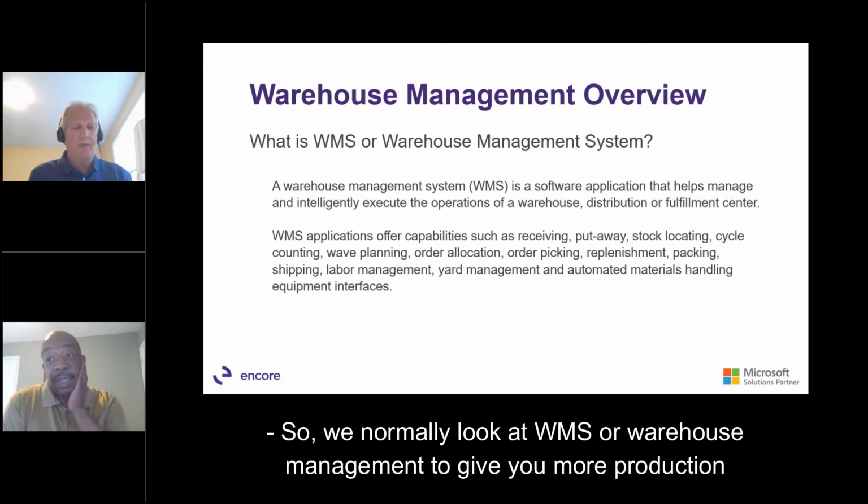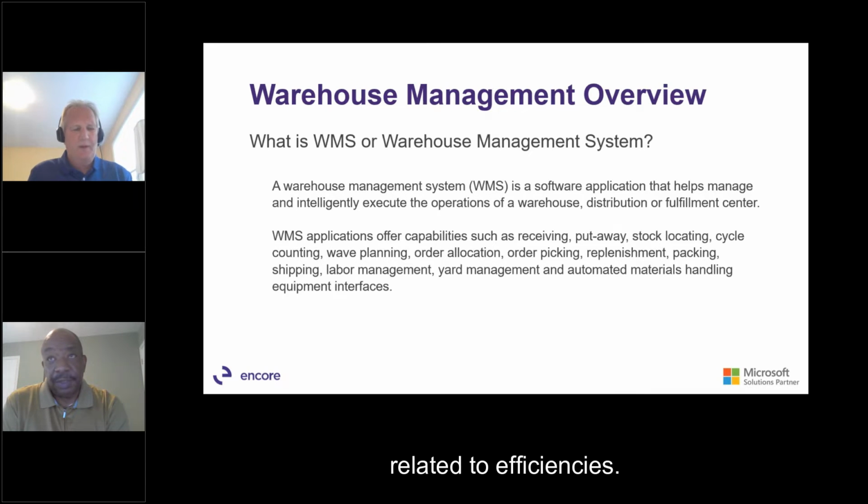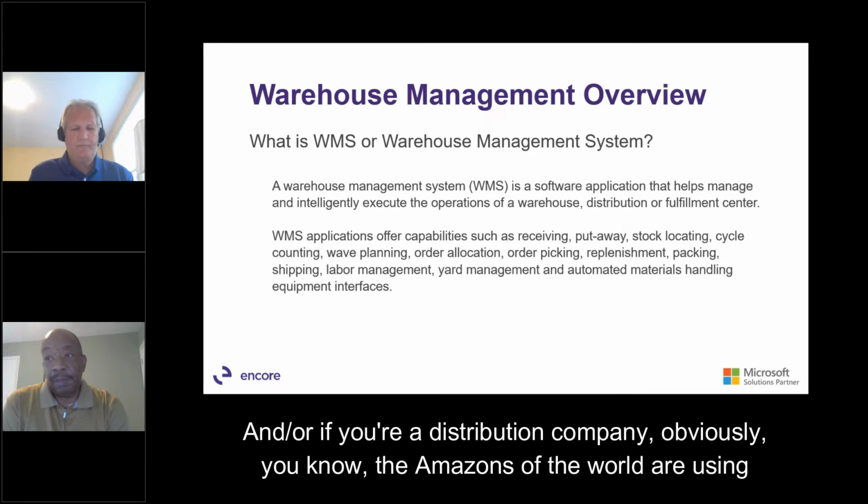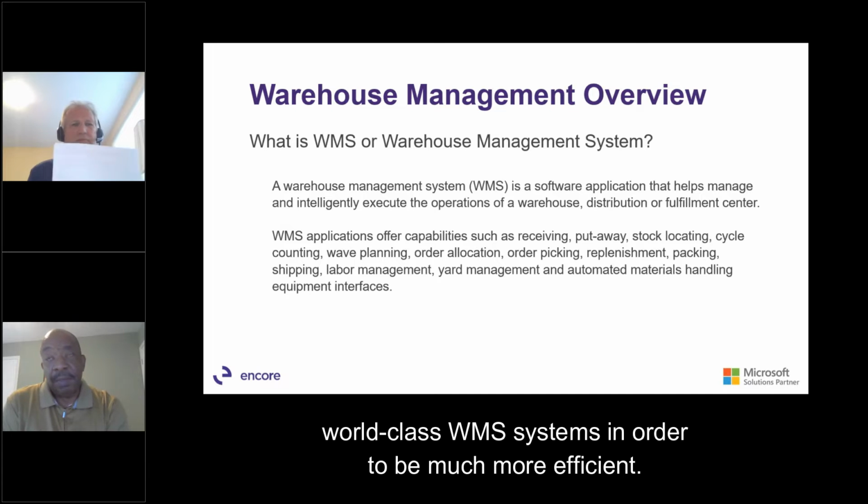So we normally look at WMS or warehouse management to give you more production related efficiencies, and or if you're a distribution company, obviously the Amazons of the world are using world-class WMS systems in order to be much more efficient.